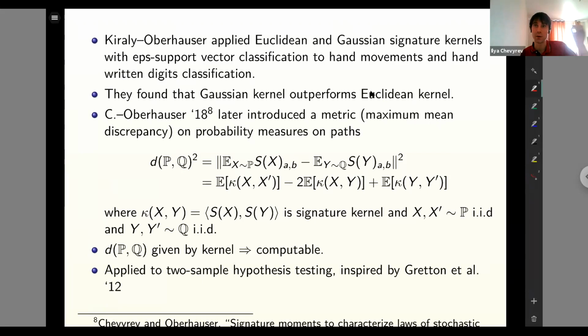The goal of the two-sample hypothesis test is to test the null hypothesis, that two probability measures are equal, versus the alternative hypothesis, that they're not equal. You want to decide to either reject or accept the null hypothesis given a finite number of samples from P and Q.